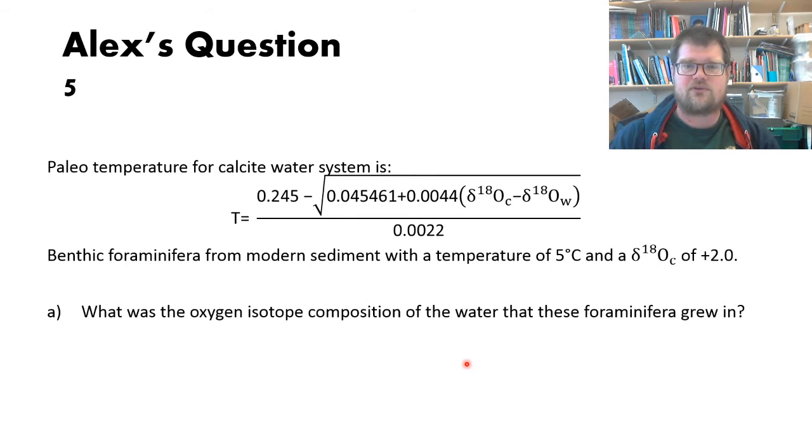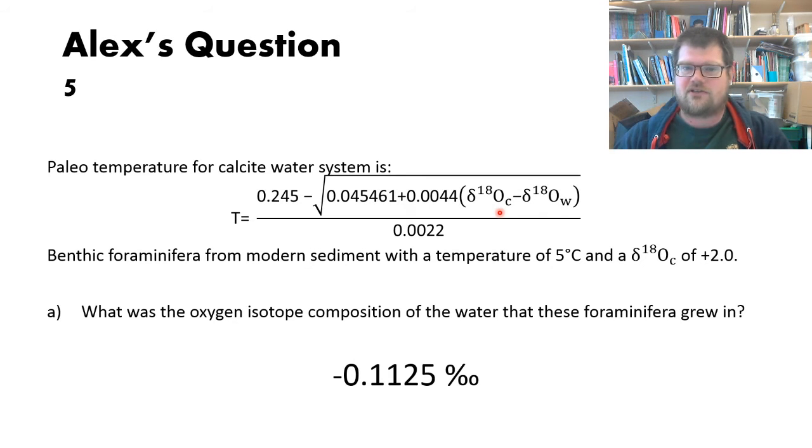So first of all, what was the oxygen isotope composition of the water that these forams grew in? What we're asking you for is to work out this value here. We give you 5 degrees C for this number here, we give you +2 for this value here, so all you have to do is rearrange this equation. That's very simple, that's why there aren't any marks for it.